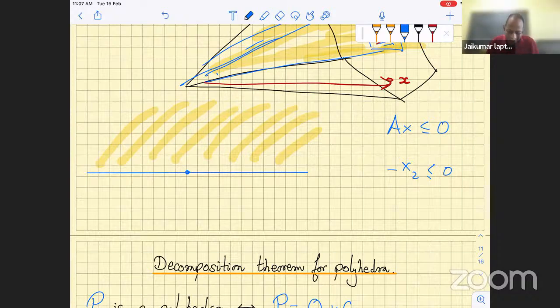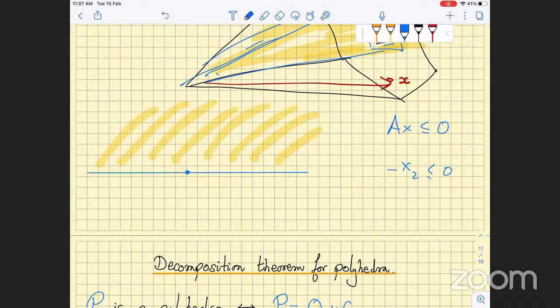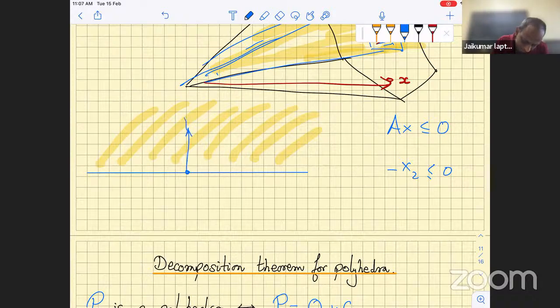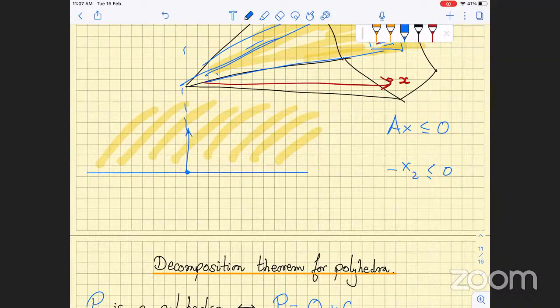The normal. So if you look at the normal vector, that only generates this. That will just be a ray. The standard basis vectors except the second: E1, E3, E4, En.